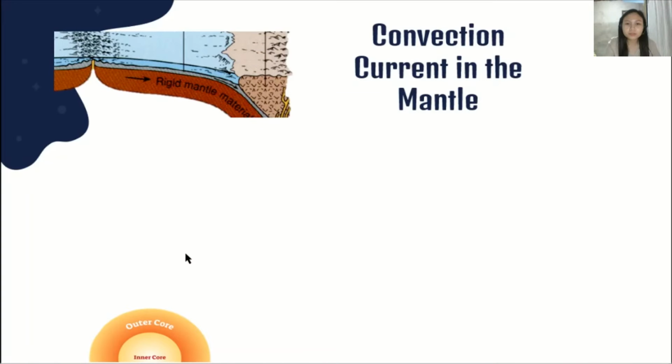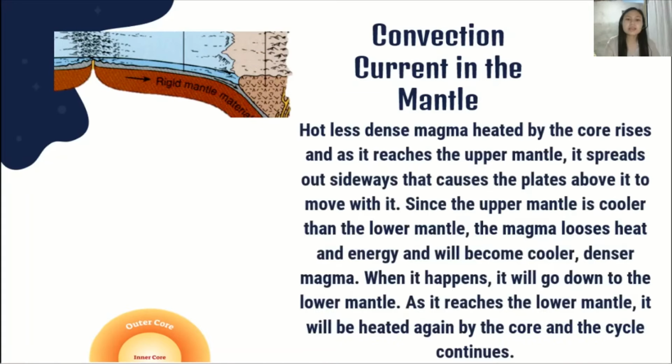Okay, so convection current in the mantle, hot less dense magma is being heated by the core, rises and it reaches the upper mantle. Okay, so again, the main source of heat and energy here is the core.